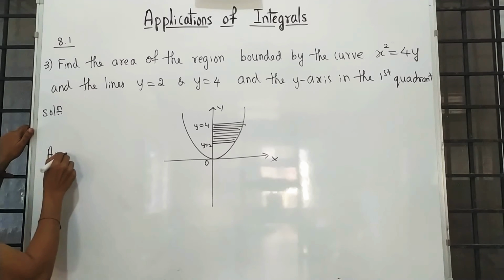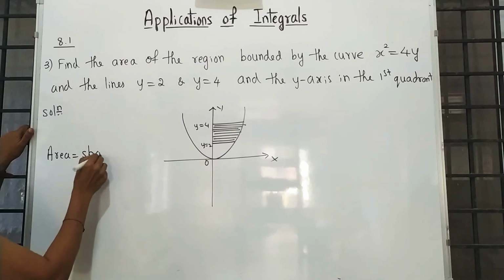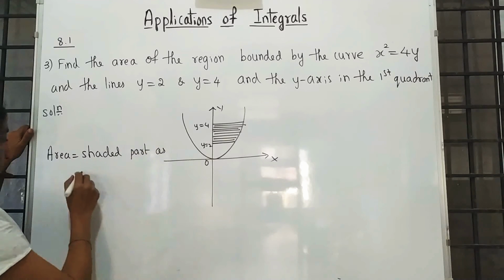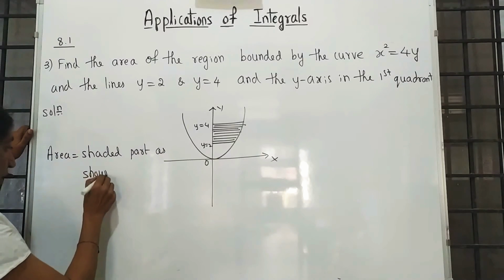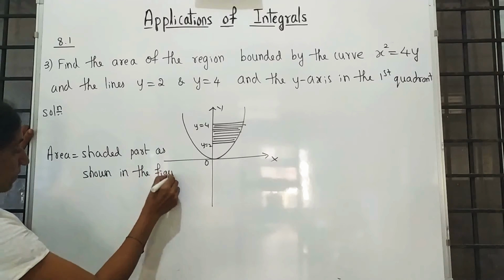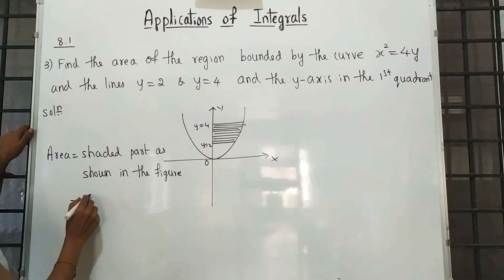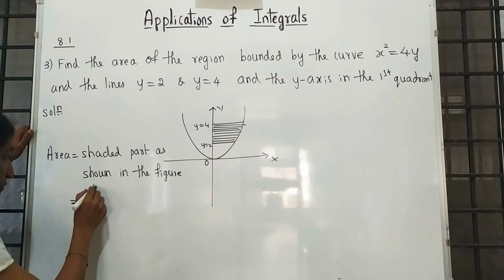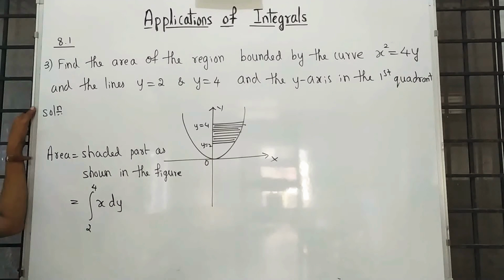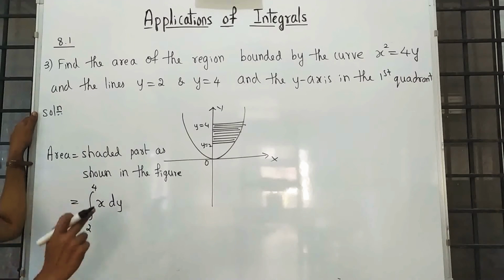So area is equal to the shaded part as shown in the figure. So how will you write? Integration from 2 to 4 of x dy. Why x dy? It is the area between the curve and the y-axis.